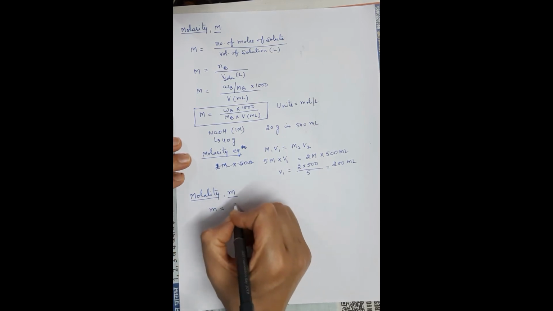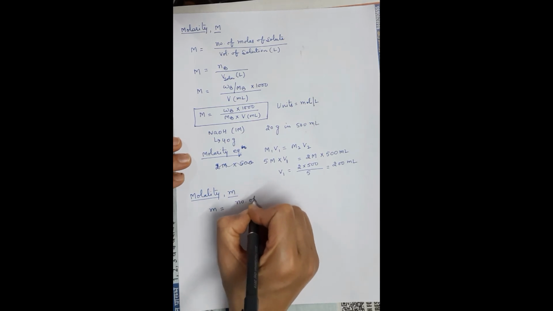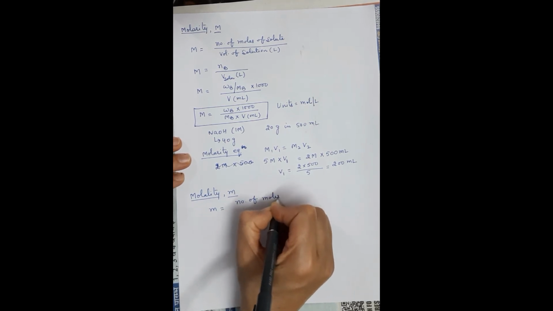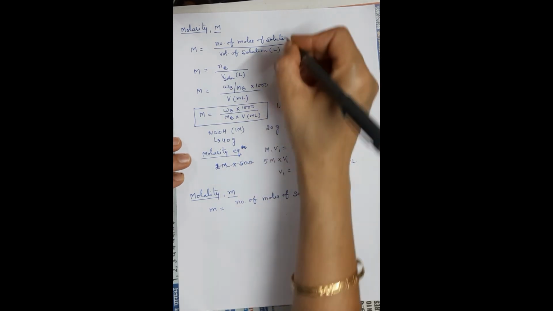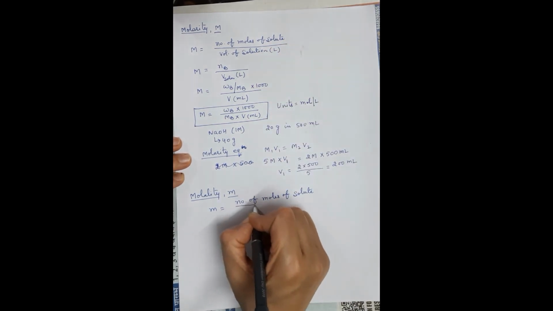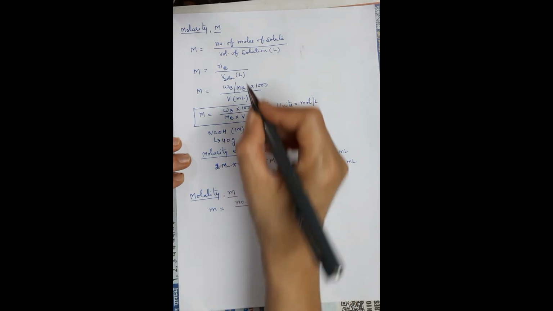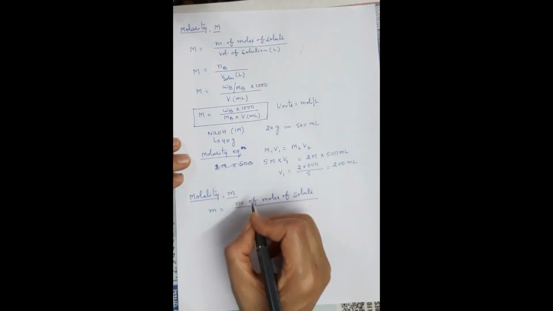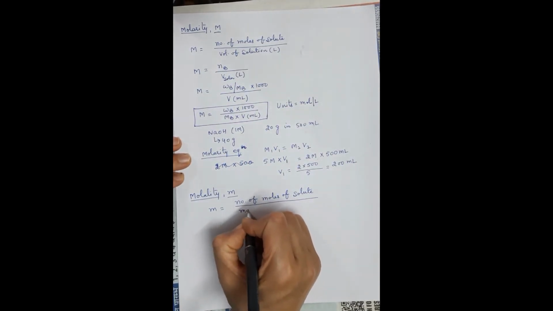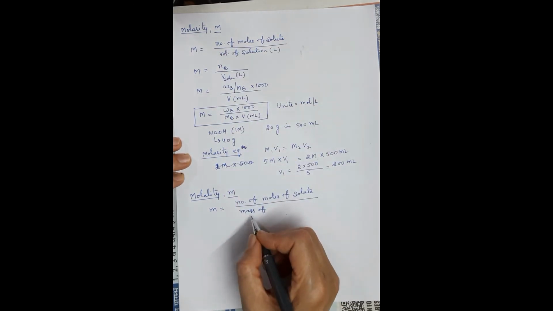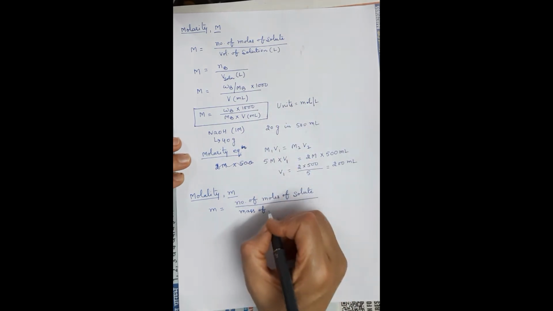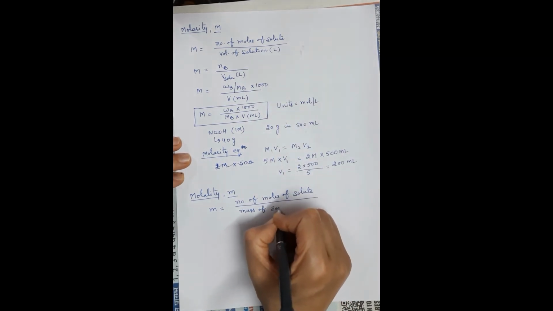Molality is also number of moles of solute, as you have done in this case, divided by, here we have taken volume of solution. Here I'll take mass, not the volume but the mass. And here I have taken solution, but here I'll take solvent.